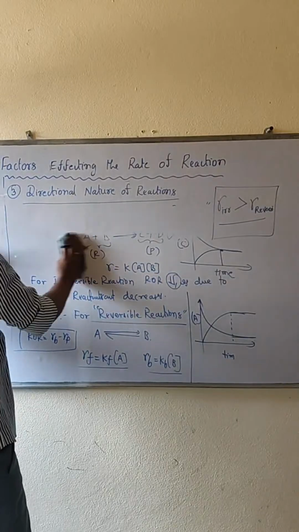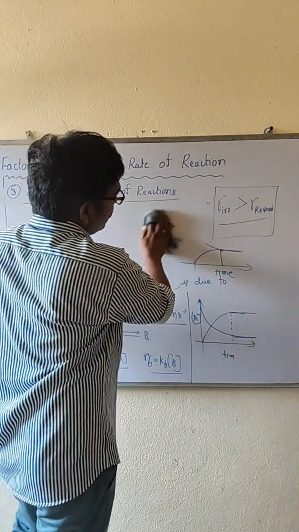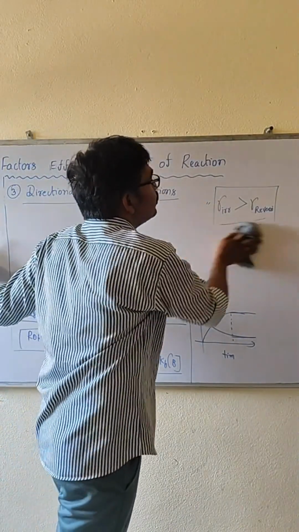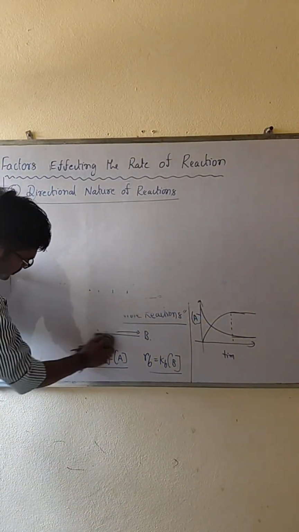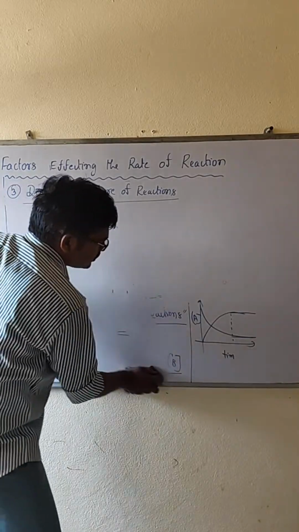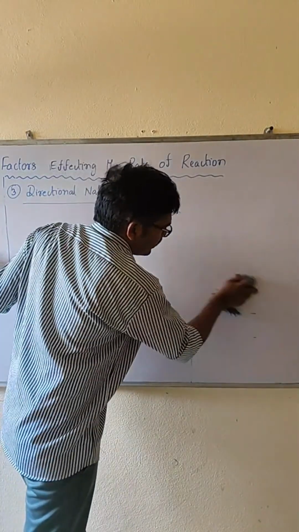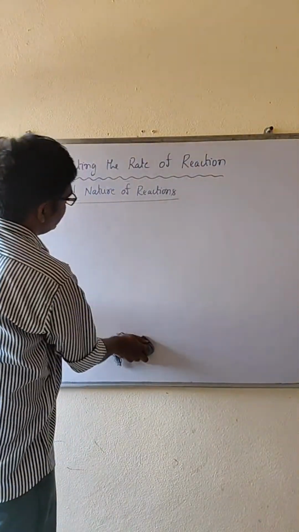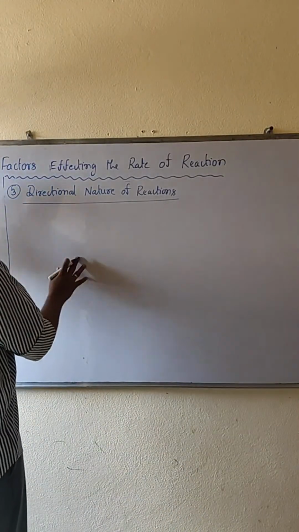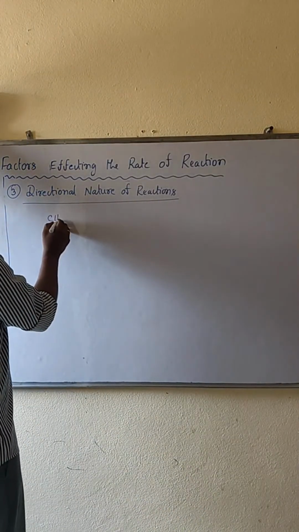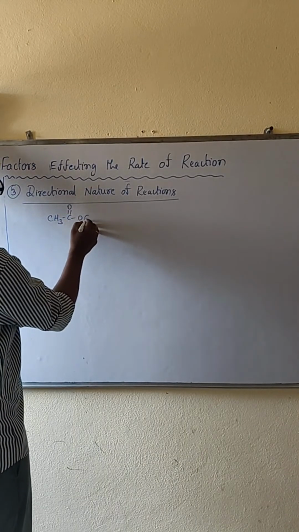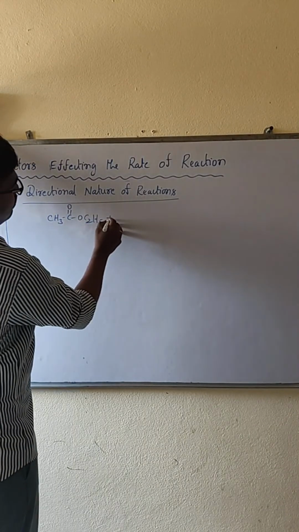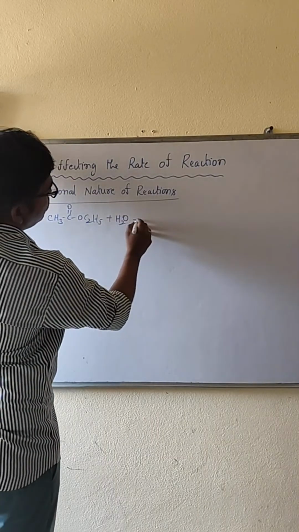One example I will give you is the decomposition or saponification of esters, the hydrolysis of esters in the presence of acid and base. That is CH3COOC2H5, an ester, with the addition of H2O in the presence of acid.